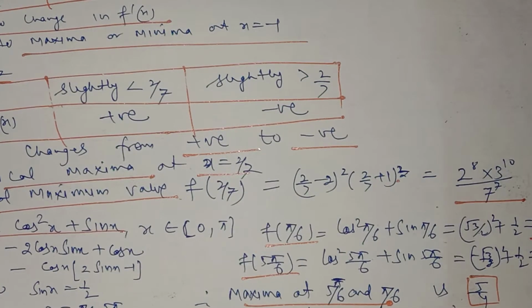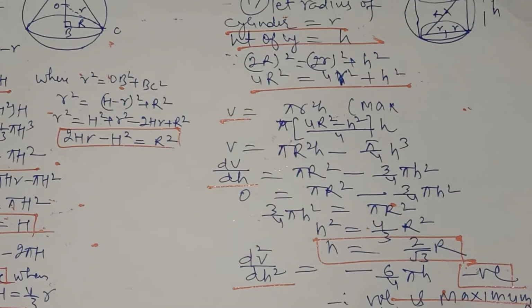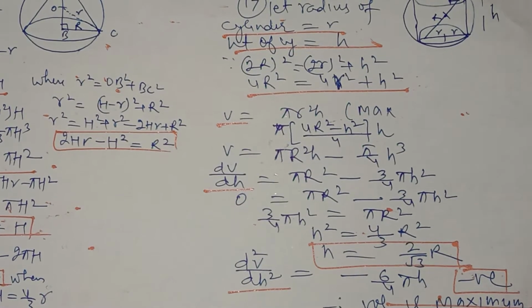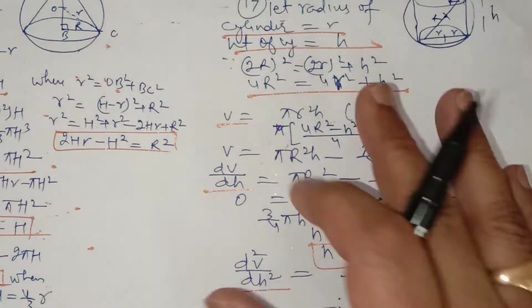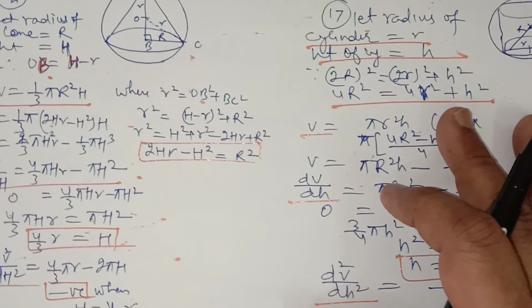Now in question number 15, this type of question we have already done in the last exercise. It is given that a cone is inscribed in a sphere of radius small r.